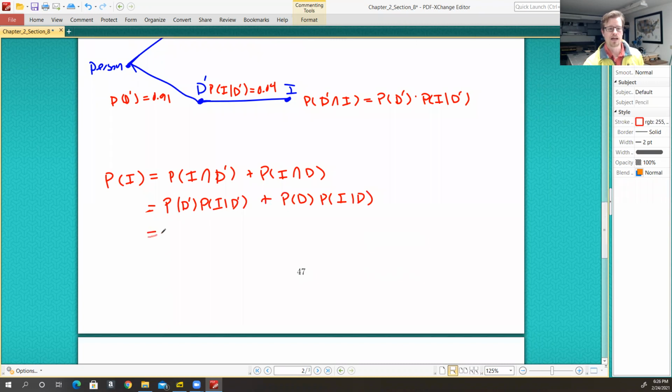All right, and we have these probabilities. We wrote them down up here. The probability that they're not diabetic is 0.91.